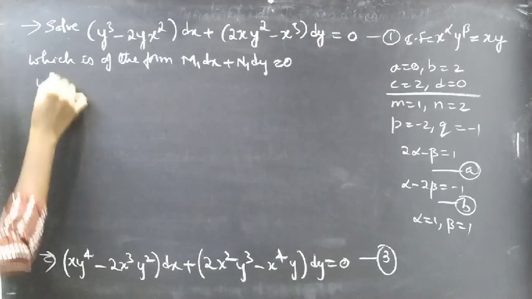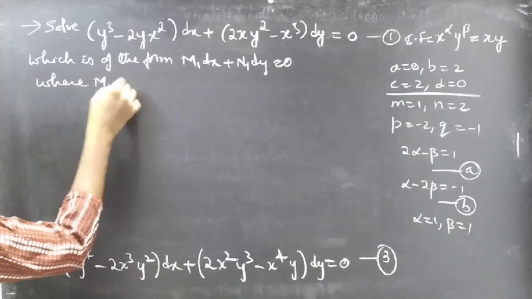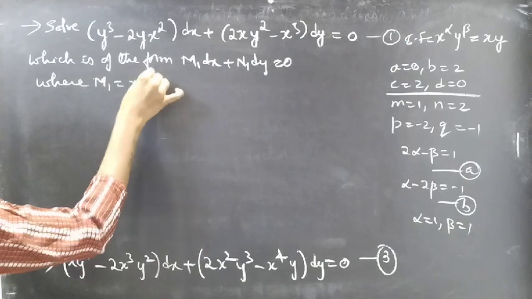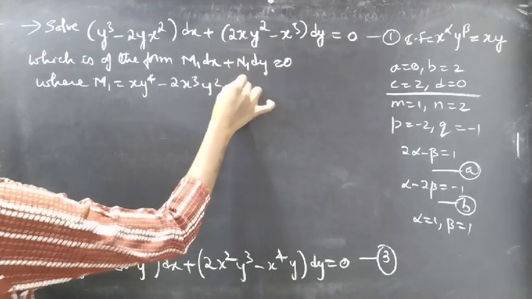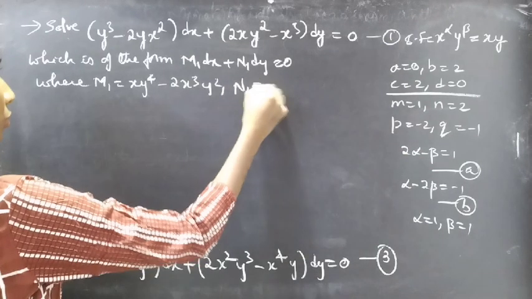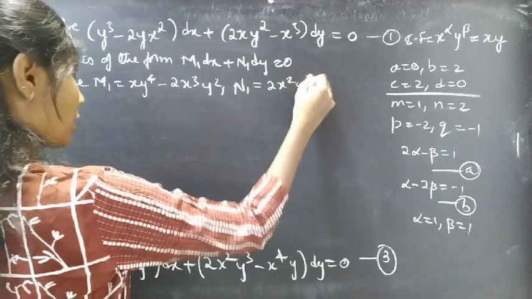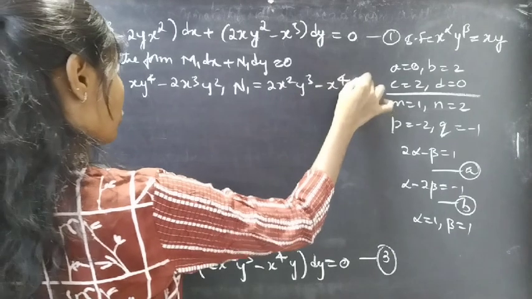Where m1 is x y power 4 minus 2 x cube y square, and n1 is 2 x square y cube minus x power 4 y.